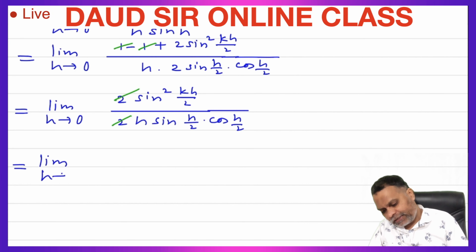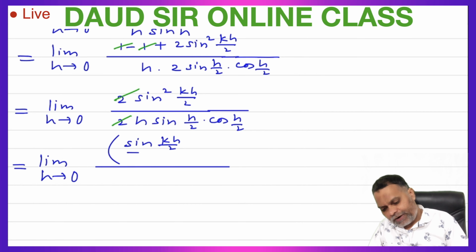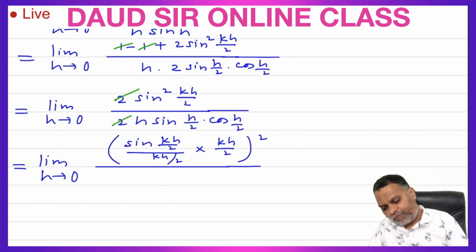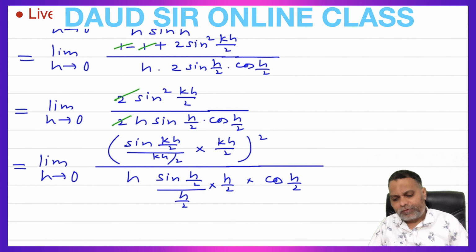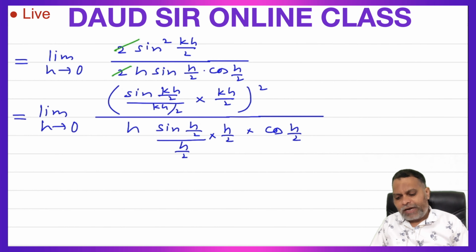Limit h tends to 0, sin(kh/2) dividing by kh/2 and multiplying by kh/2 whole square upon h into sin(h/2) dividing by h/2 and multiplying by h/2 into cos(h/2). For making the limit, we multiplied and divided by the same quantity and sine.